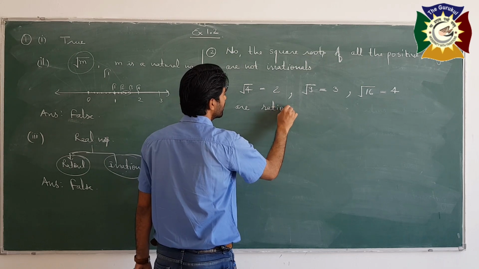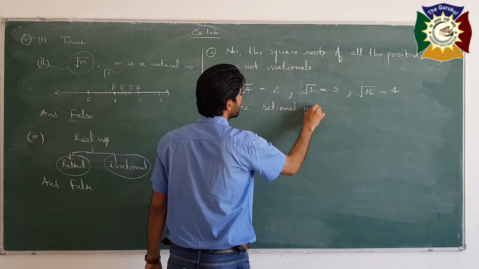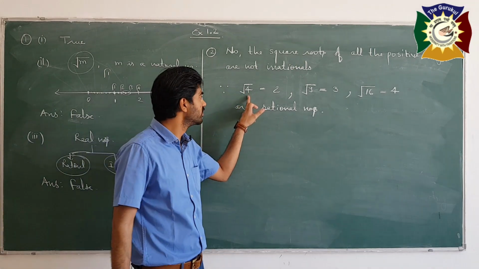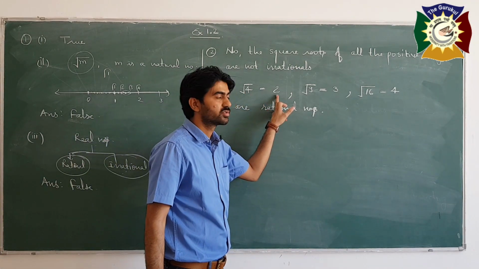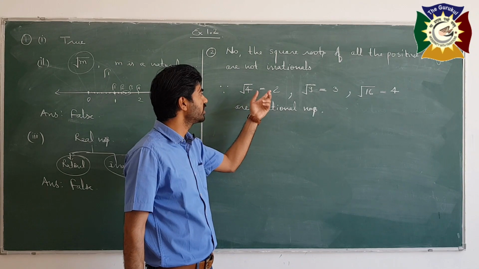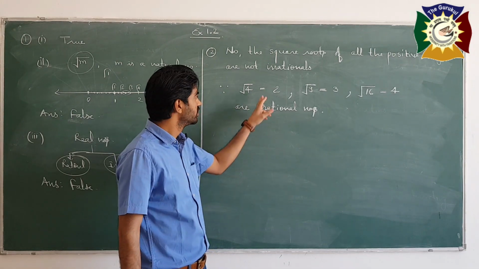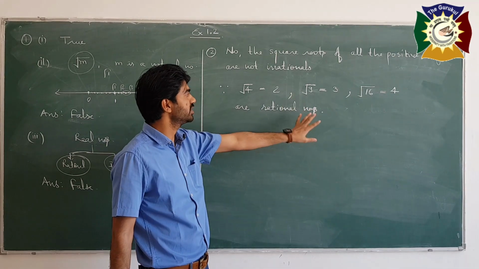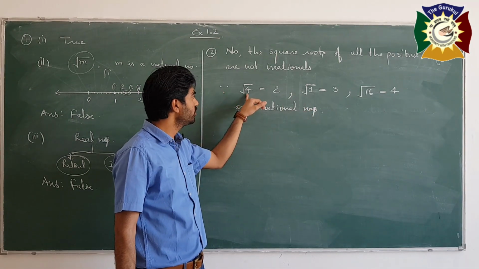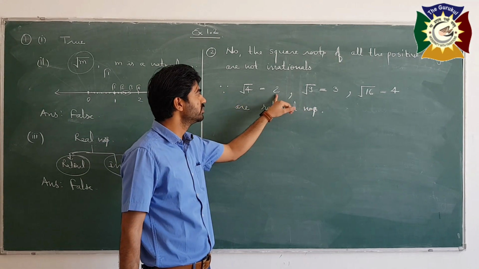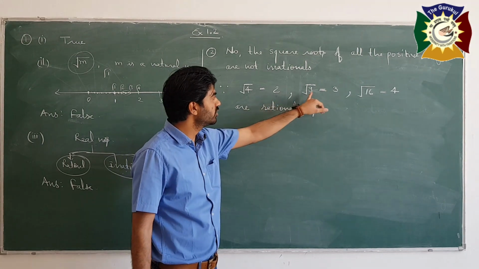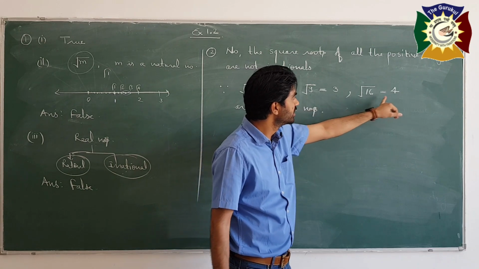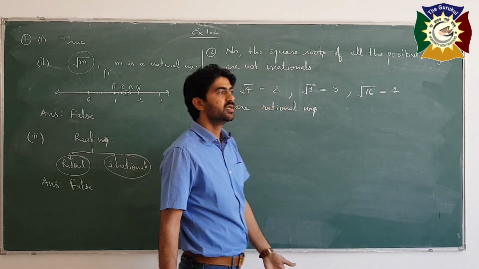Suppose the root of 4 is 2. So this is a rational number. It may be plus minus 2, but for instance, now we are taking only positive integers and positive roots only. So the square root of 4 is 2, a rational number. Square root of 9 is 3, a rational number. Square root of 16 is 4, a rational number.